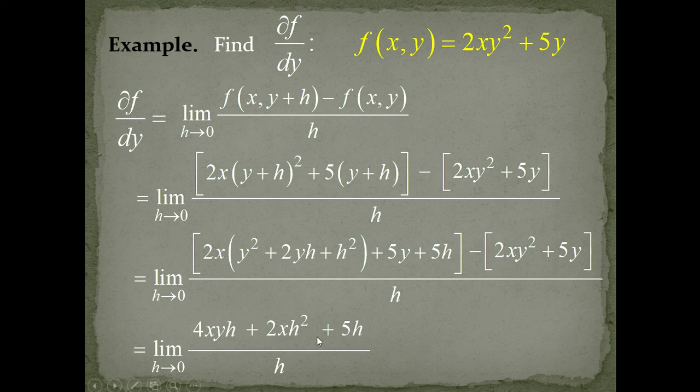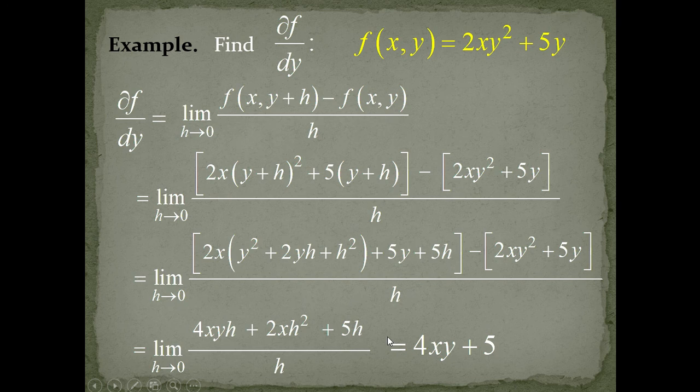Then you can factor out the common factor here, which is h. All right, so factoring out h, and then you have h at the denominator. So the numerator has the common factor h, and the denominator is h. So h divided by h is equal to 1.